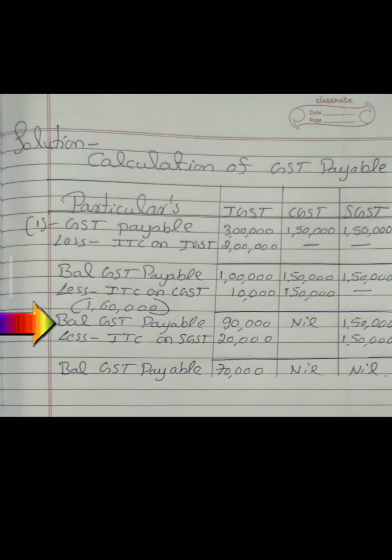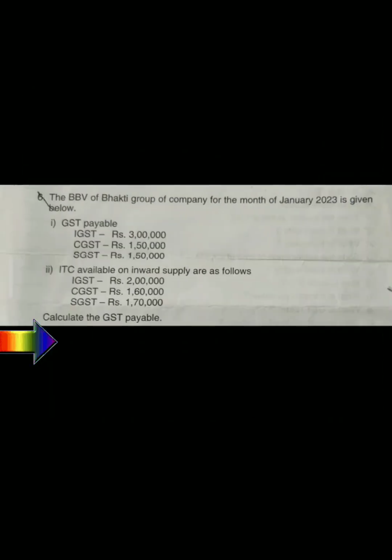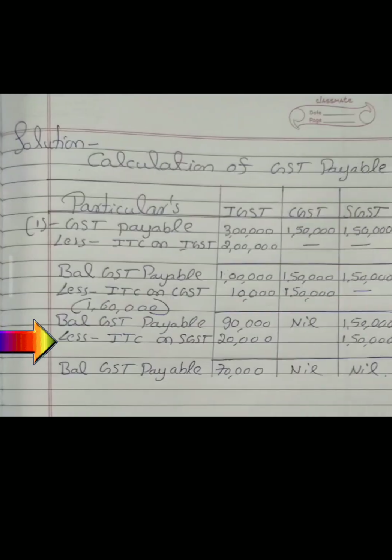Next we have to take ITC on SGST, State Goods and Services Tax. According to the given information, 1,70,000 is available. First we have to utilize fully against SGST output only. 1,50,000 is available, so 1,50,000 we can utilize fully.